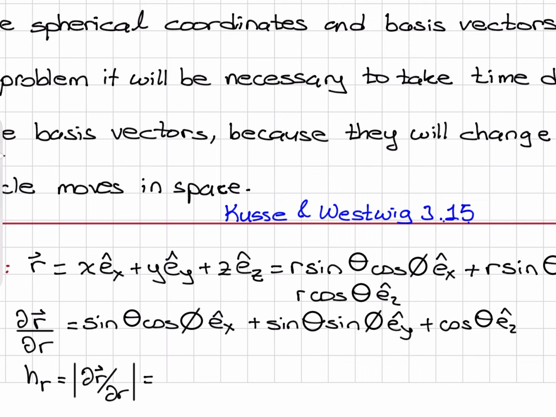And now you can see that I will have x component squared, y component squared plus z component squared inside the square root. So I will have sine squared theta parentheses cosine square phi plus sine square phi.